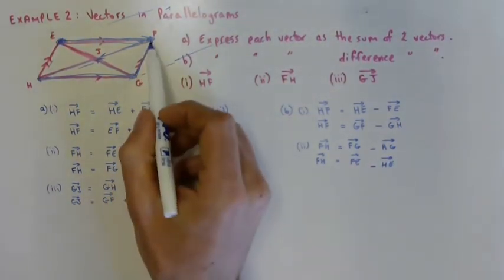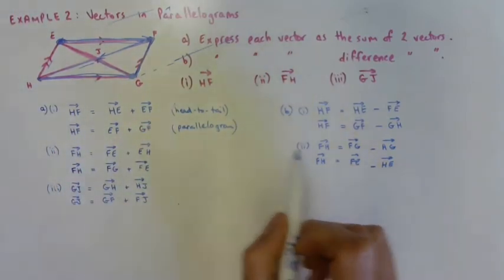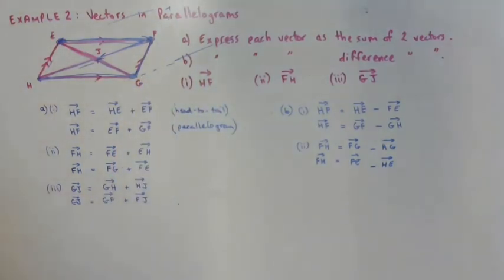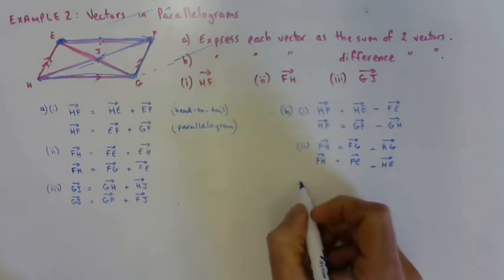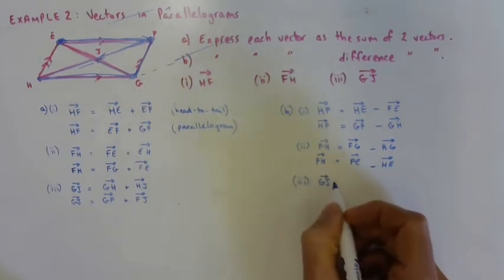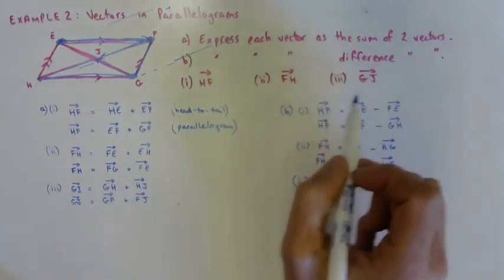And that will get us a resultant vector FG. Now I could put FE minus GF. That would work. There's a whole bunch of different ways to get there. Okay. Let's look at our third friend here, which is GJ. And now we're expressing it as the difference of two vectors.